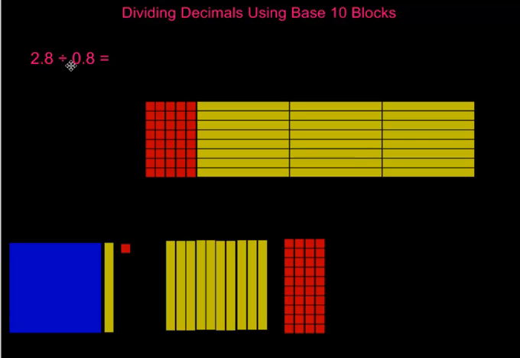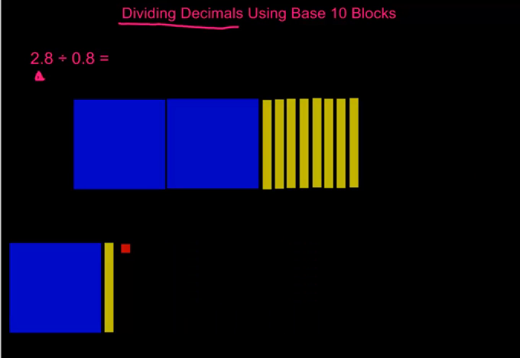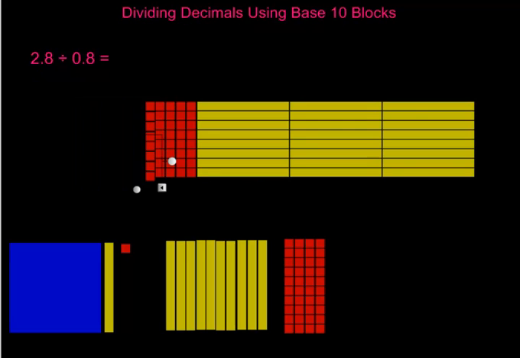We have 2.8, our first question. We've just redesigned it so it's 2.8, but in a different shape than what it was originally. Originally it was like this. Now we're at this stage where it's all nice and neat and organized, but just in a different format.